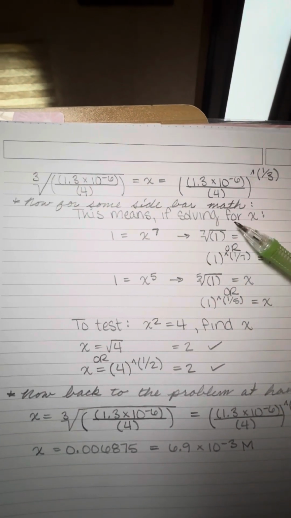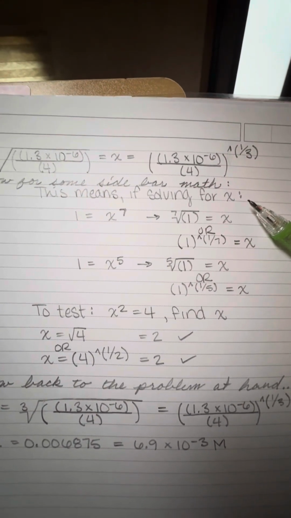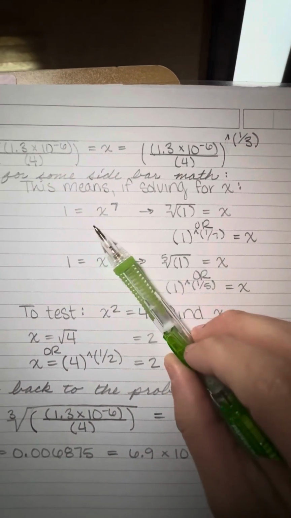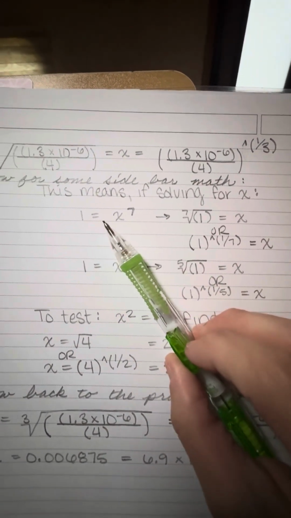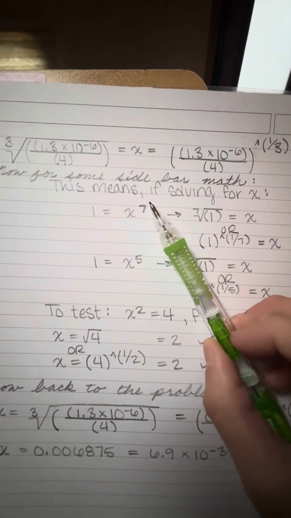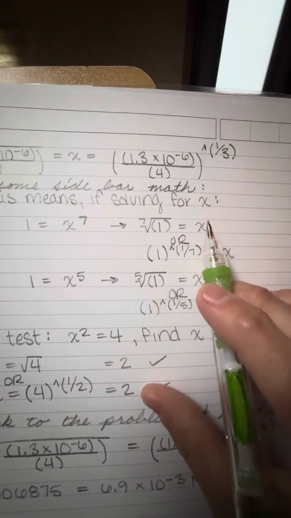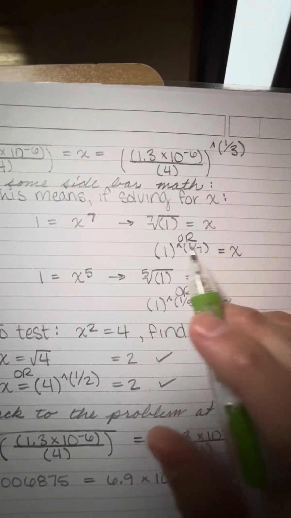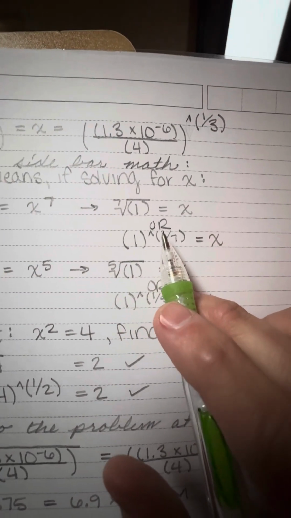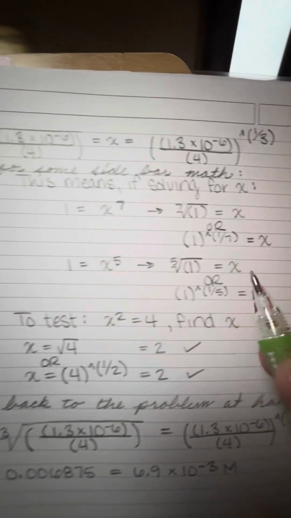Now, for a little bit of side math, okay? This means if solving for x, these are examples. We're going to go through a couple of examples here. Say you're given 1 equals x to the 7th. That means you need to take the 7th root of both sides. Or you can raise that 1 to the power of the reciprocal 1/7, okay?